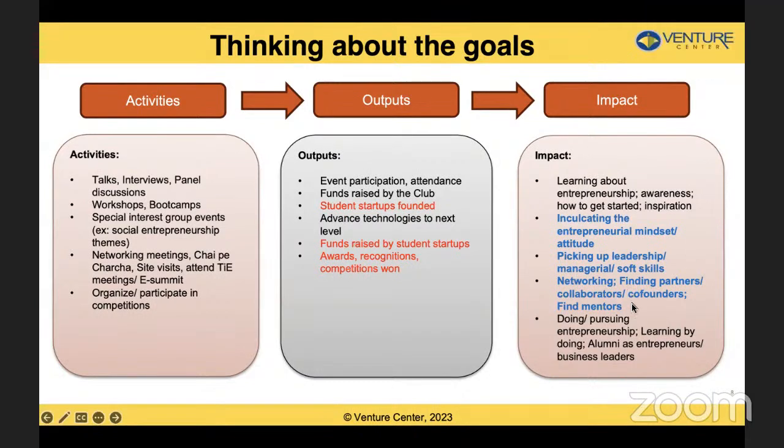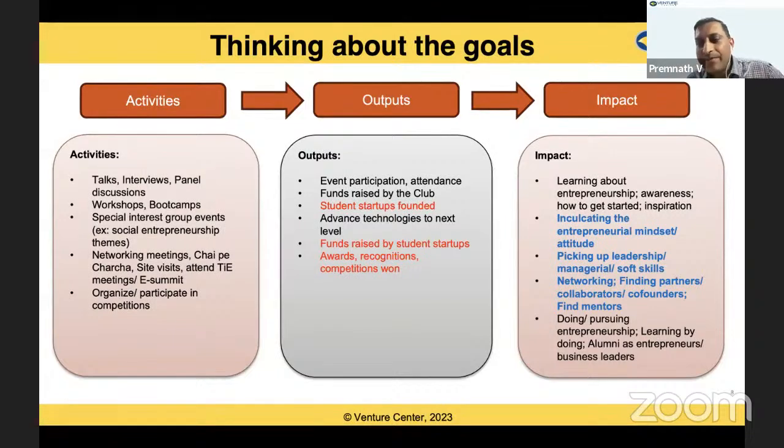I would suggest that we look at a little longer time frame where they build that entrepreneurial mindset, and it helps in many different aspects of their careers. Some of them will step out of industry jobs that they take up and become entrepreneurs.